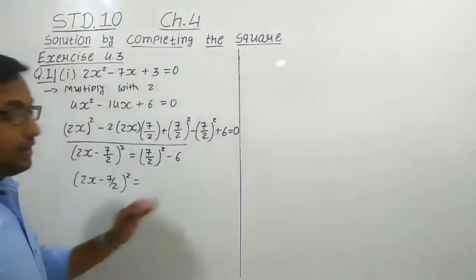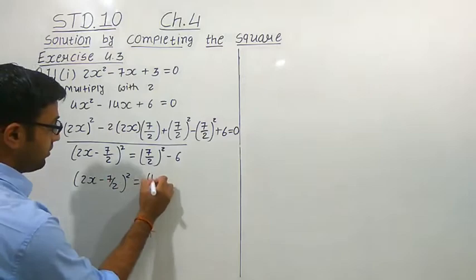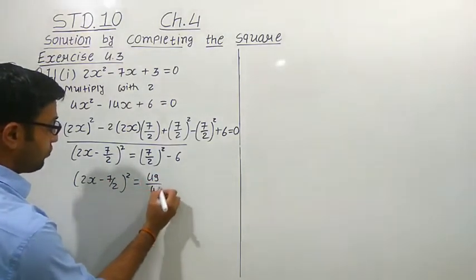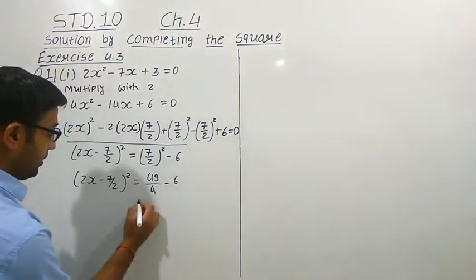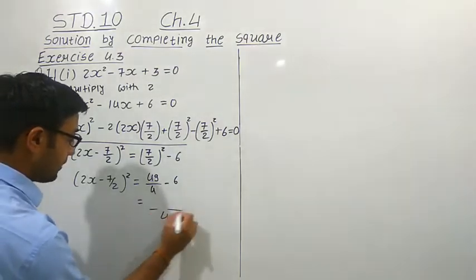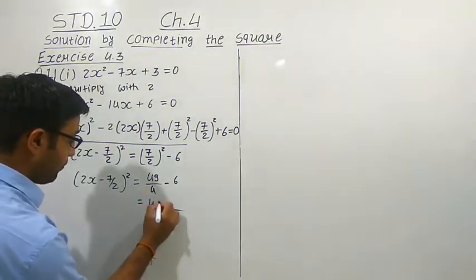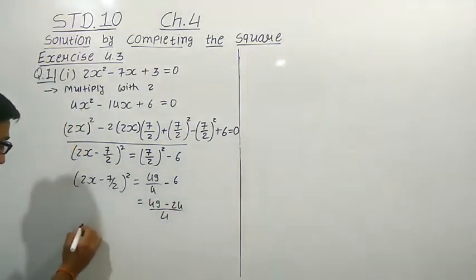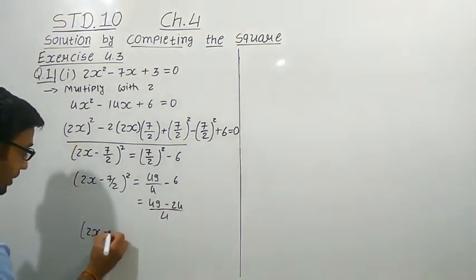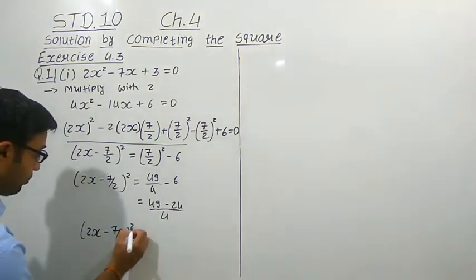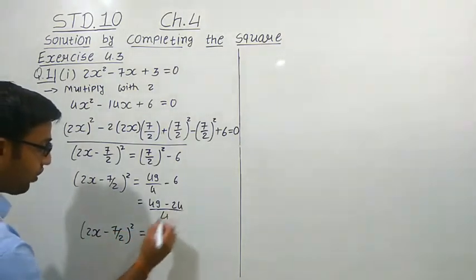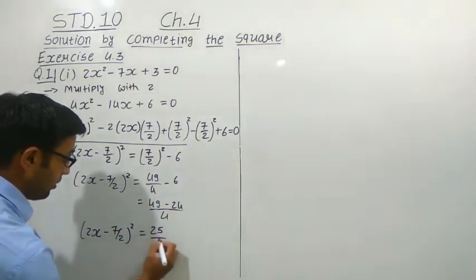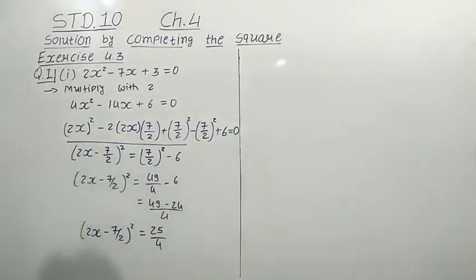Here we have to simplify now. 7 square is 49, 2 square is 4, minus 6. Now take the LCM, 4 is the LCM. So here we have 49 minus 24. So 2x minus 7 upon 2 whole square is equal to 49 minus 24, that is 25 upon 4.